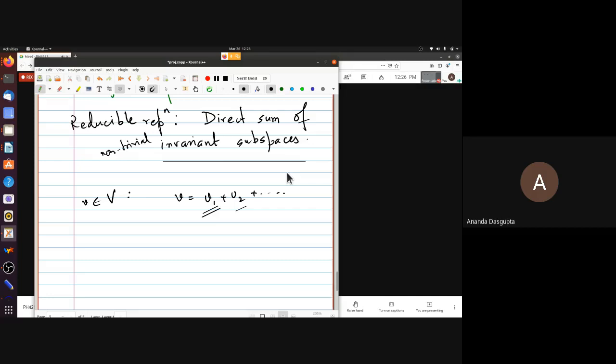That's what a direct sum is, right? You can write down the actual vector as a sum of pieces, each one of which belongs to these subspaces. And because the subspaces are invariant, when you apply any of the group elements, they will transform only to a member of that subspace, not outside that.